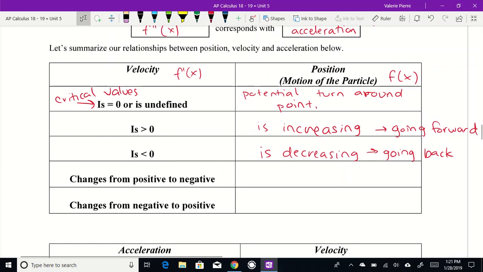And if we are changing from positive to negative in our velocity, then our particle has changed positions and is going backwards.